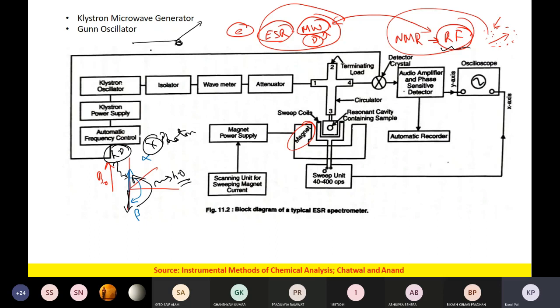So we are not considering the particle character when discussing ESR or NMR. We are considering it as a wave, and when it gets into the sample holder, these waves are used to change the magnetic moment states.